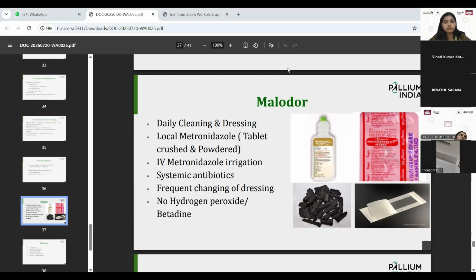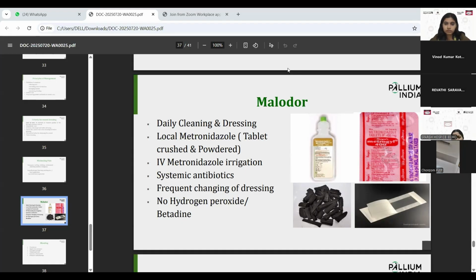For bleeding, madam. No. If the patient is having more exudates and bleeding, you can go with the adrenaline pack. What will you do for the bad odor that is coming, and exudates are also coming? The pus-like things coming, what will you do? Daily dressing, madam.